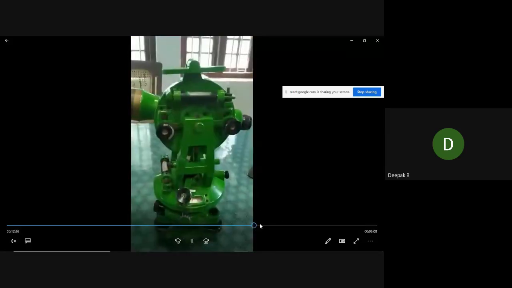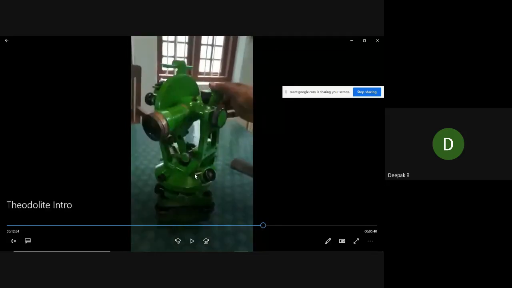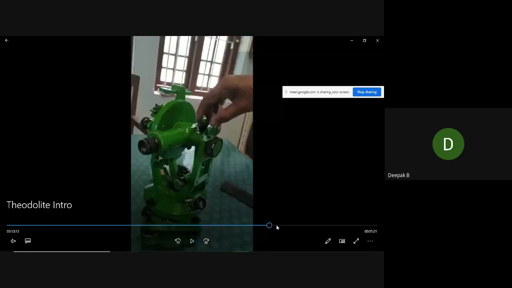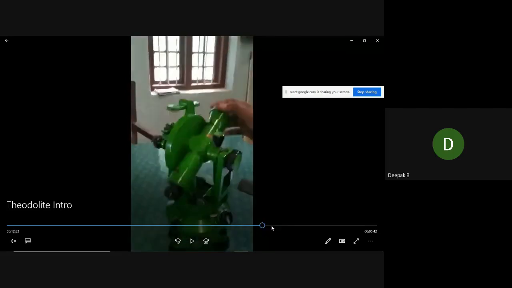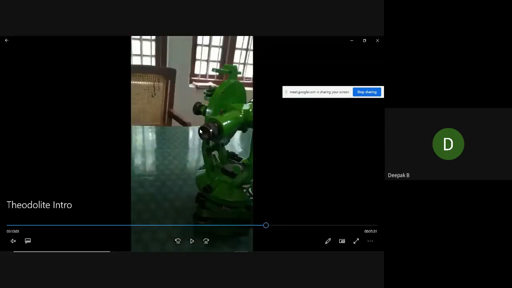And I hope now you have got an introductory idea about the theodolite. And another thing: see this. This is the eyepiece, and the other end will be the objective lens. So we will be viewing whatever object we are viewing from this location, in this direction.